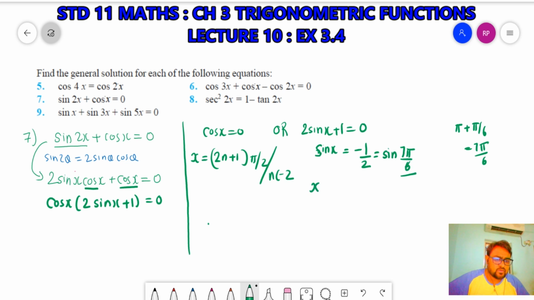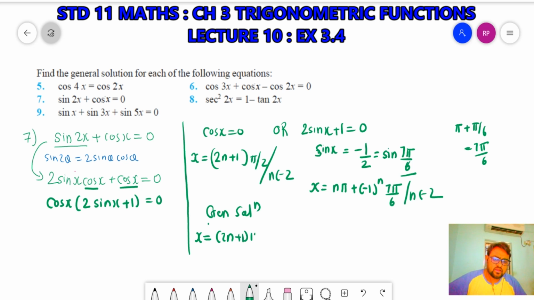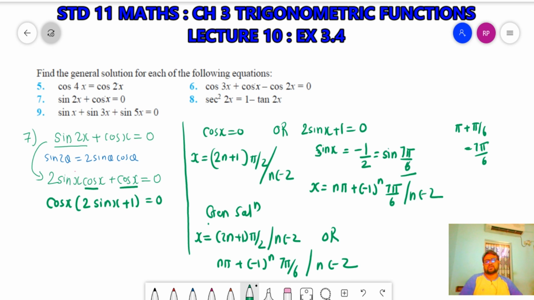In this case, x will be equal to n pi plus minus 1 raised to n alpha, that is 7 pi by 6. So the general solution is x is equal to 2n plus 1 pi by 2 such that n belongs to Z, or n pi plus minus 1 raised to n 7 pi by 6 such that n belongs to Z. So this was about question number 7. Just note it down.